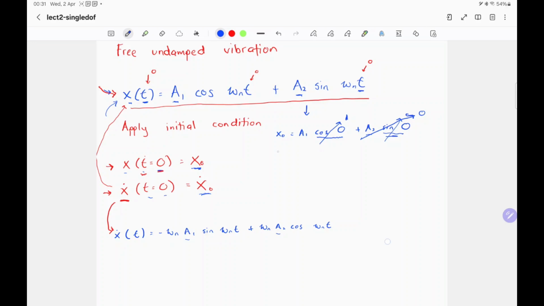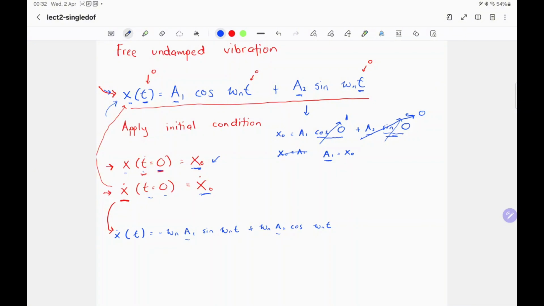So in the end, what we get is that x naught is equal to A1, or A1 is equal to x naught. This is when we consider the first initial condition. When we consider the first initial condition, we can only get A1. We cannot get A2 yet.